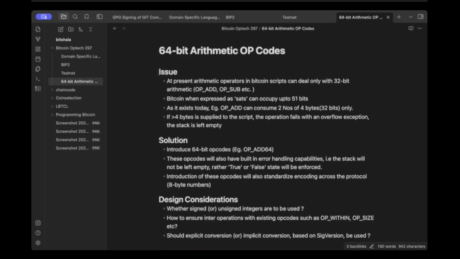So, Electrum allows testnet. When you start, you need to give a command with the parameter dash dash testnet. Then automatically the default connected nodes will be the testnet nodes.